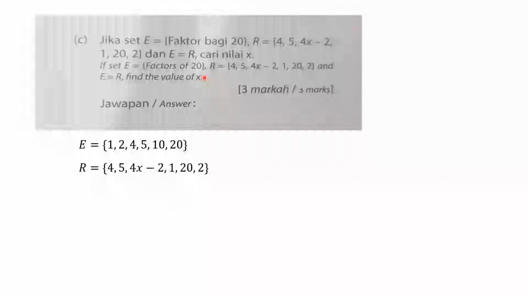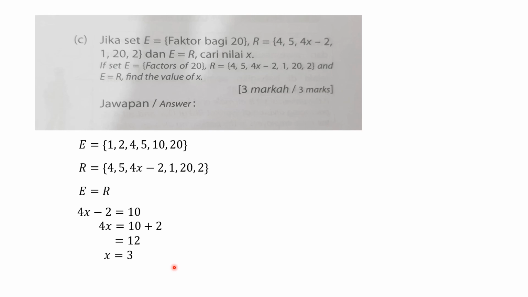The third info given is that E equals R. So what you're going to do is find X. You'll need to take 4X minus 2 from R and equate it to 10, which is given here. The 10 is from set E. So after you do this equation, you'll just need to balance the equation and you'll get X. And this will be the final answer.